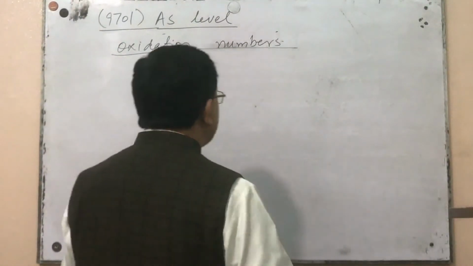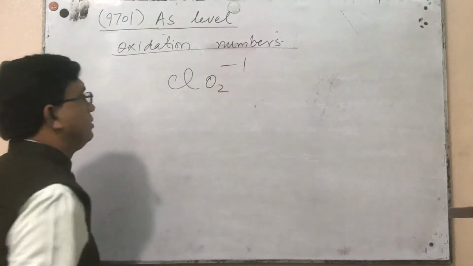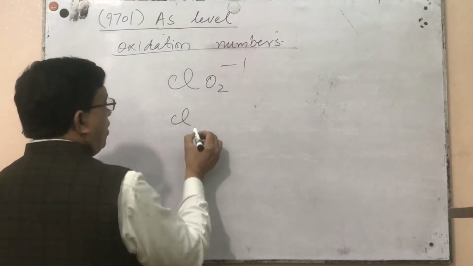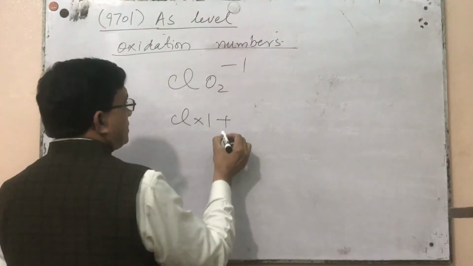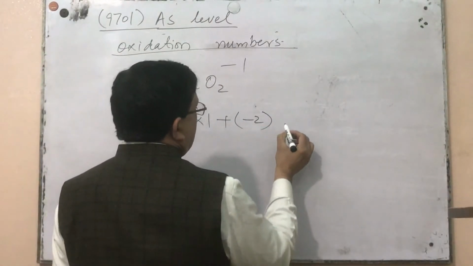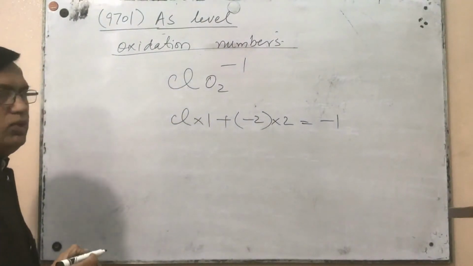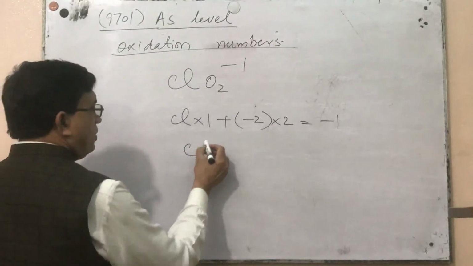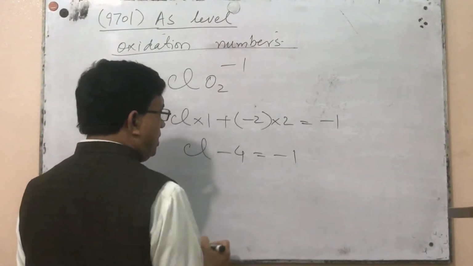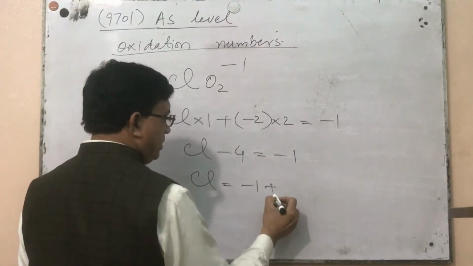For example, calculate the oxidation state of chlorine in ClO2 -1. Definitely, this is chlorine. How many atoms? 1 plus. Oxygen has -2, and how many? 2 atoms are there, is equal to -1. Now we can calculate this easily. Chlorine - 4 is equal to -1. By shifting -4, we will get -1 plus 4.